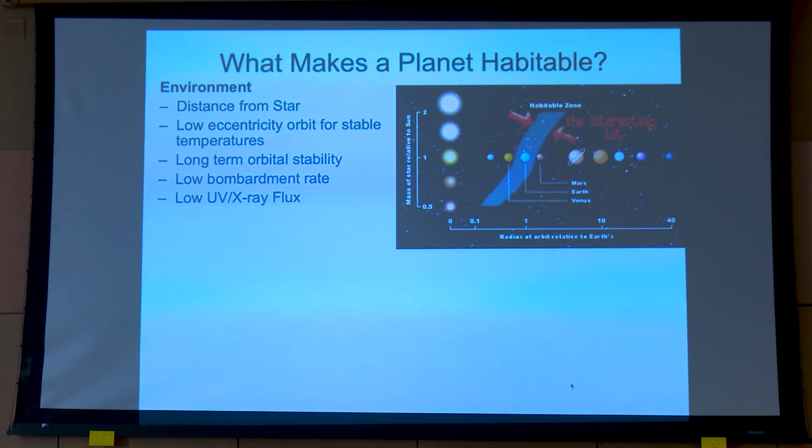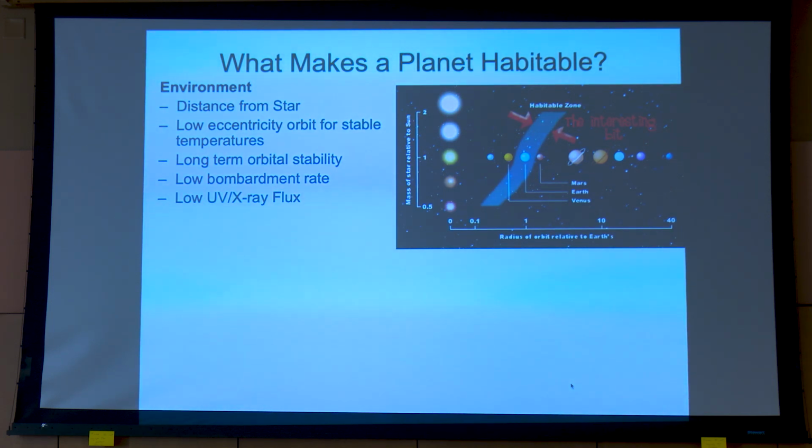So what makes a planet habitable? Well, there's simply the distance from the star. We see here the interesting bit, which is the habitable zone, that blue line depending on the luminosity of the star. You need a low eccentricity orbit for stable temperatures. Obviously, the distance to the star gives you the basic temperature.